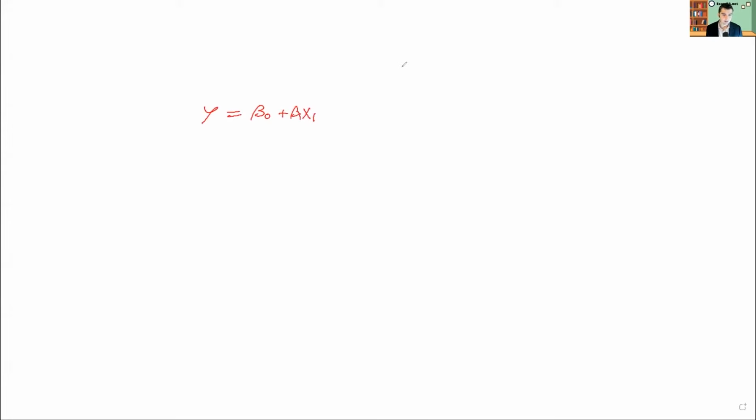And so let's say your family is gamma, and your link is just identity, then it means that for each person you have a gamma distribution, and the mean of that gamma right here is just equal to that, beta 0 plus beta 1 x1.